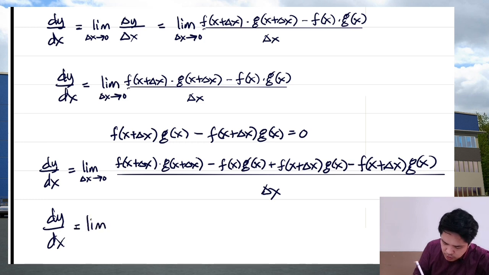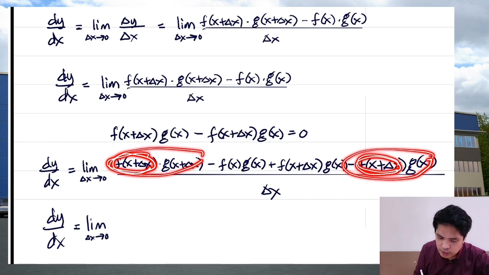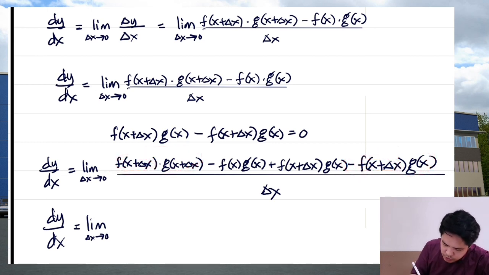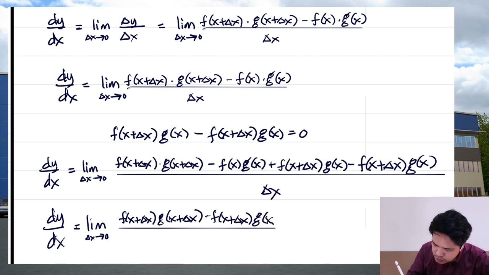Let me just rewrite this in this form. Let me take these two first, then I'll factor out from here f of x plus delta x. So that would be the limit as delta x approaches 0 of f of x plus delta x times g of x plus delta x minus f of x plus delta x times g of x.